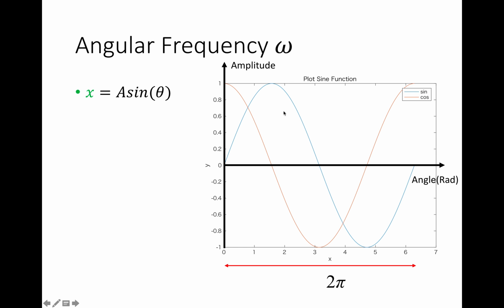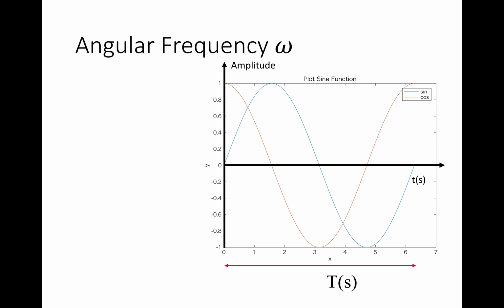It has a period of 2 pi; every 2 pi the same wave repeats. However, in vibration, we use the unit of time t. So we change theta to time t. The changing rate is omega, so theta equals omega t, and omega is theta divided by t.